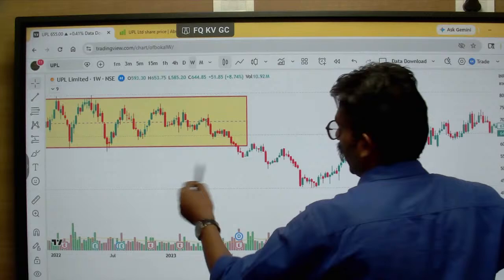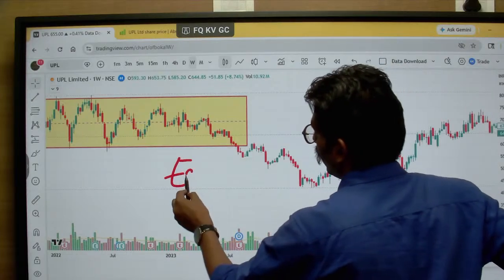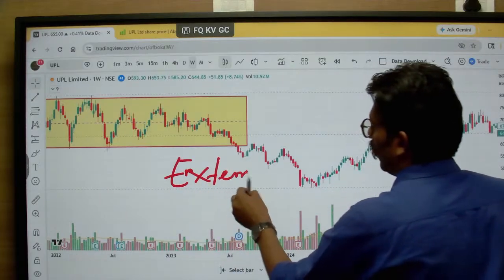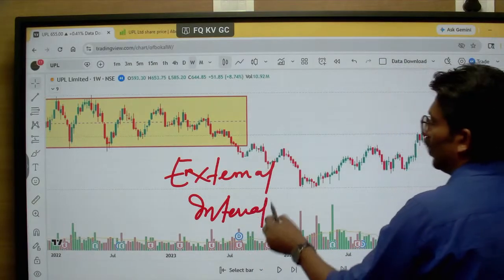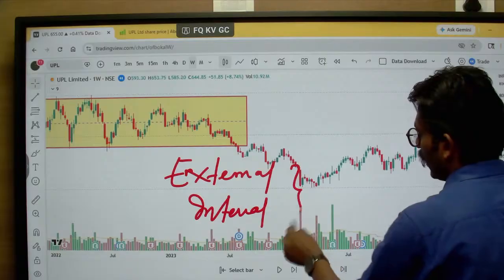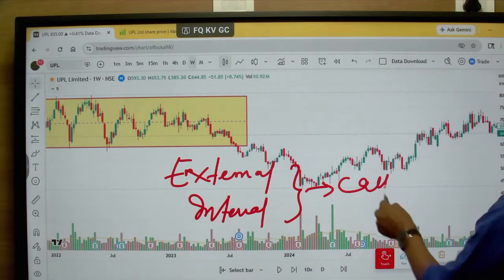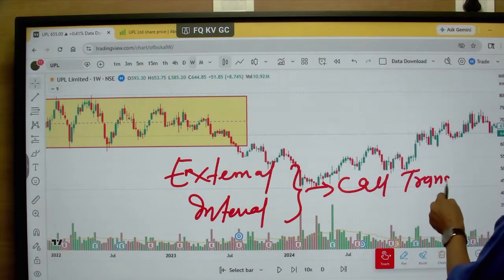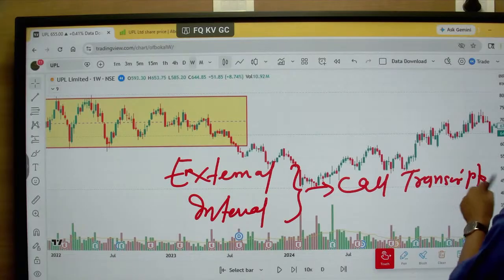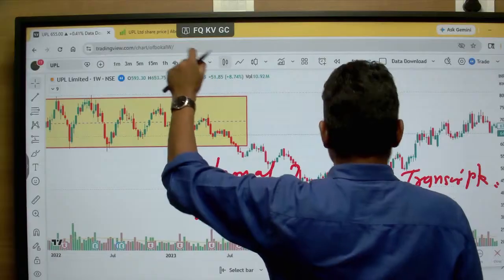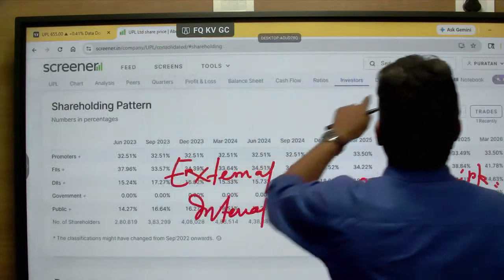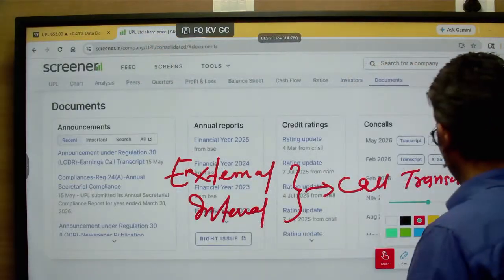And we come back to our basic question. Is it because of an external factor or is it because of an internal one? If you read the call transcripts, both are answered by call transcripts. Where will you find the call transcripts? There are multiple places on the website, or you can go here and you can find the call transcripts.